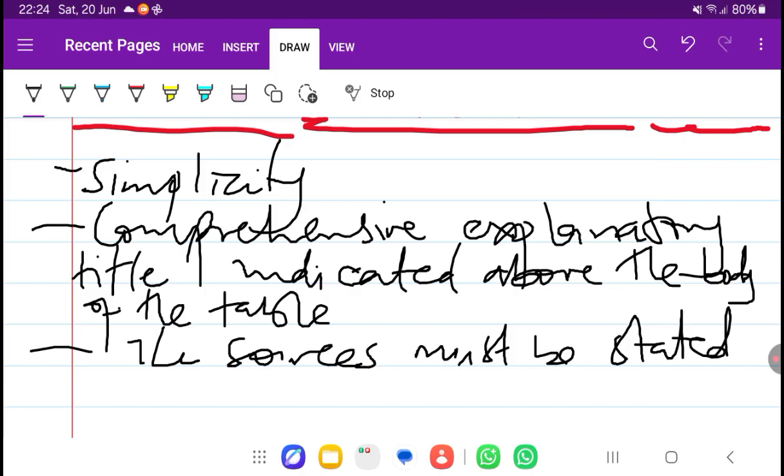You don't just put a table and not show where you got the information that you have displayed in the table. So you always state the source of the information. All the figures must have come from somewhere. So that's why a statement of the sources must be indicated below the table, because we have picked some information from somewhere.